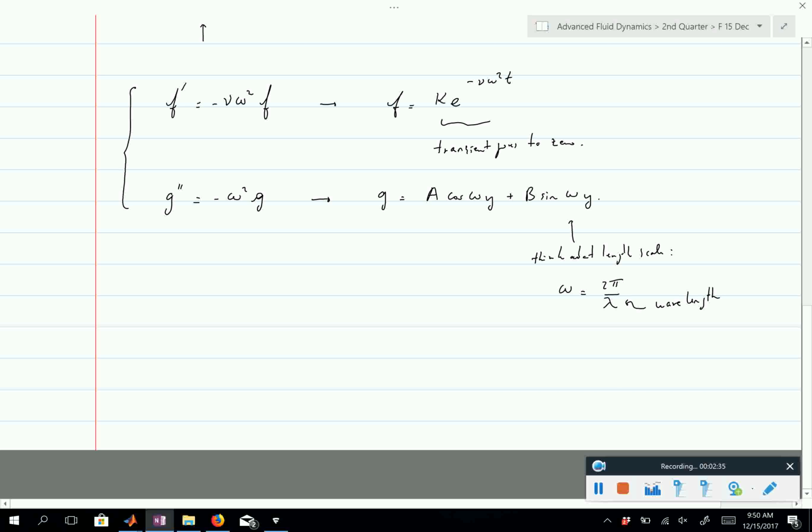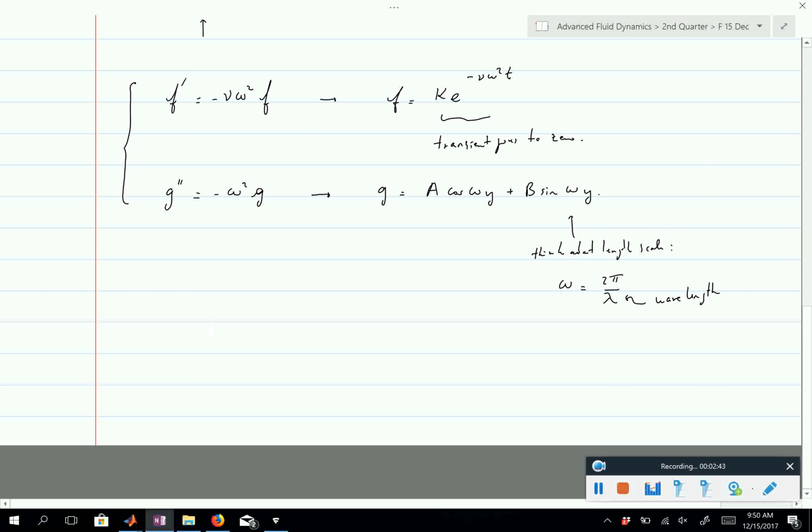So think about this omega more as a length scale: the y distance where you have a full period of your cosine. And so now we have an expression for our solution. We can write u, our transient, as a function of t and y.